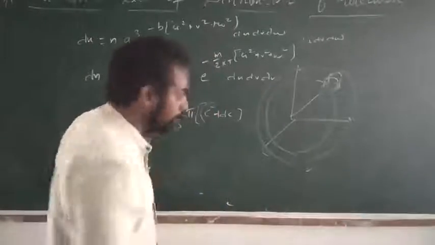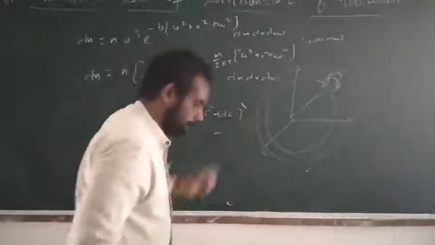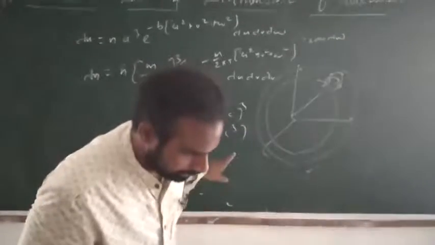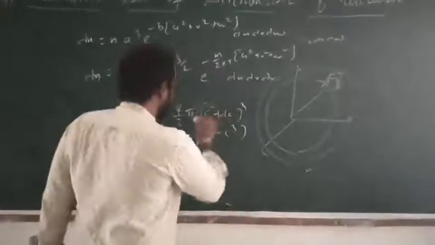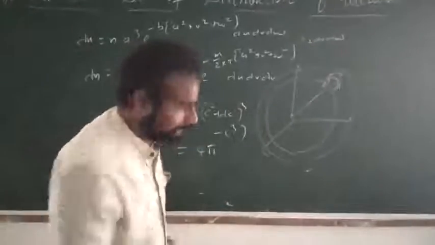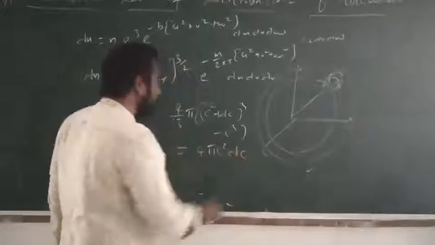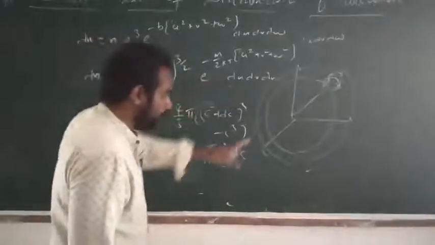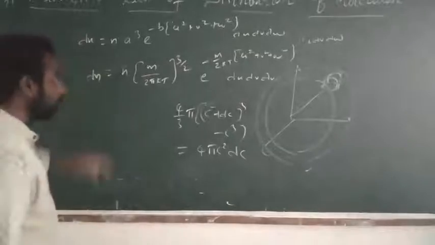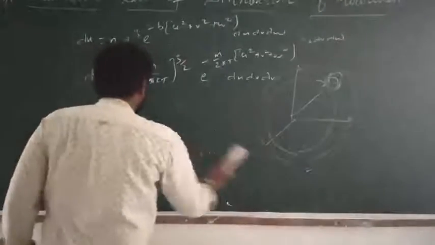It is 4 by 3 pi into (c plus dc) whole cube minus c cube. After finding that you will get 4 pi c square dc. In place of du dv dw, you substitute 4 pi c square dc. Hence, you will get the number of molecules within the range c and c plus dc.